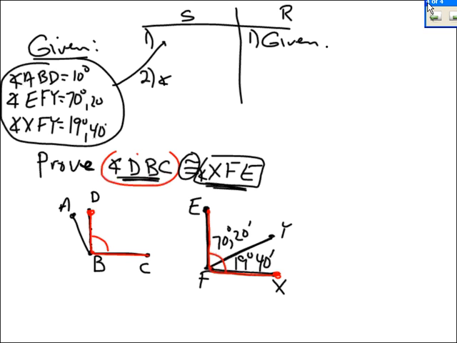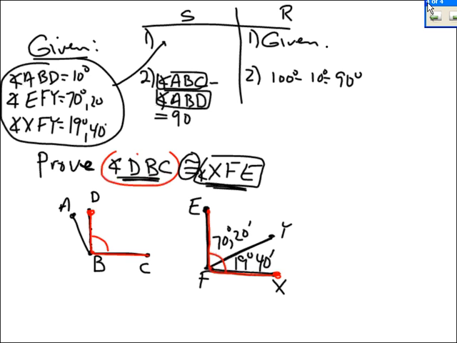Angle ABC minus angle ABD is equal to 90 degrees. This was 100 degrees, and this was 10 degrees. Reason? 100 degrees minus 10 degrees is 90 degrees. I don't know how else to say that.